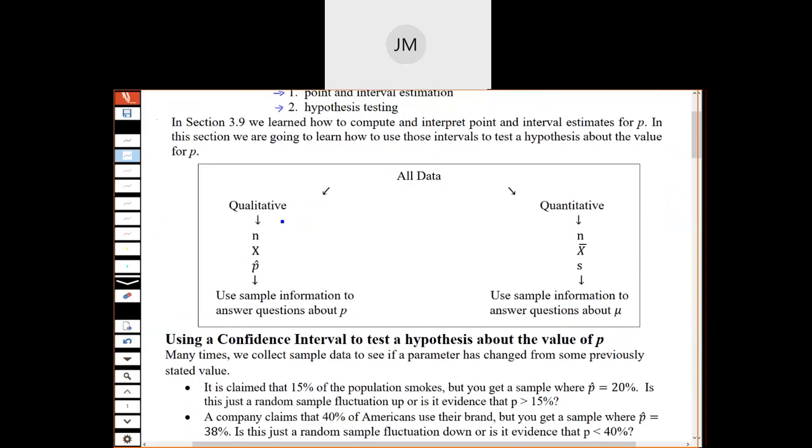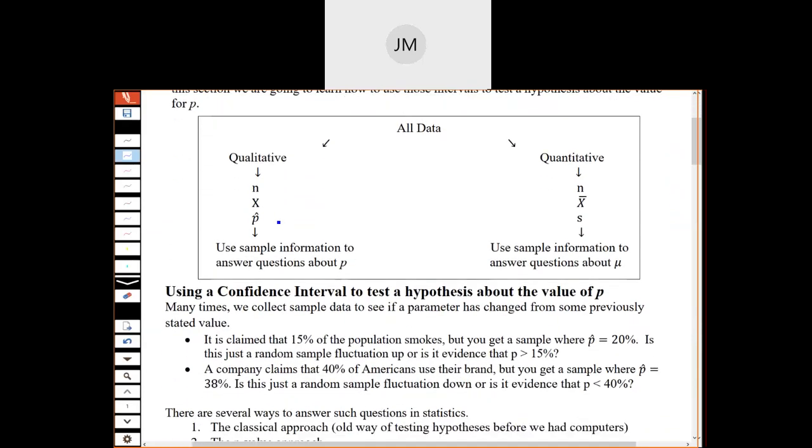Okay, so here's our types of data. When we have qualitative data, remember that's the non-numeric, then n indicates our sample size.